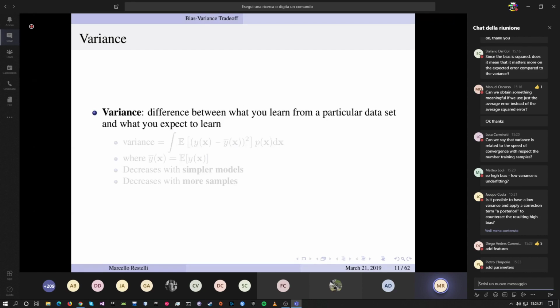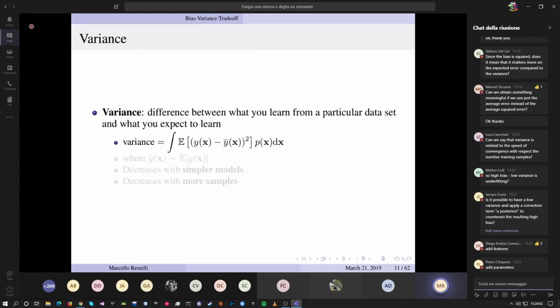The variance is the difference between what you learn from a particular dataset and what you expect to learn. So the variance is the following. That is the same formula as before. So inside the integral, you have always the integral over all the input space, where you have a term that is weighted by the probability of observing the input. And the term is the variance.